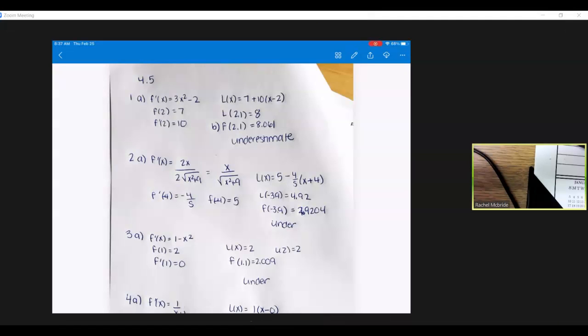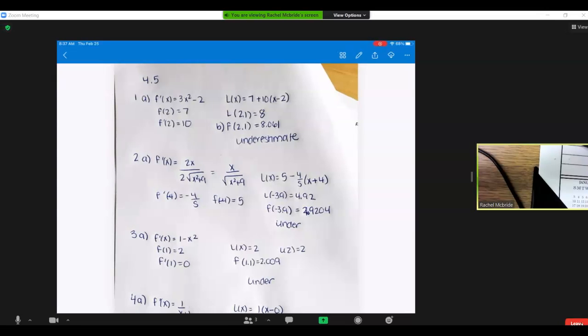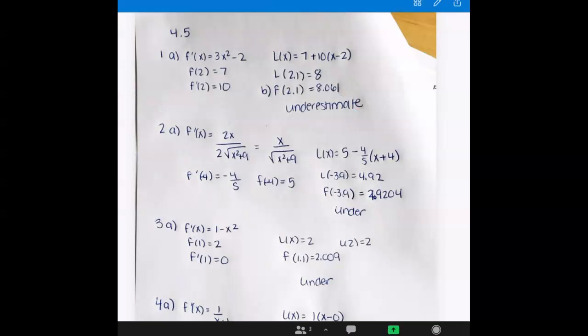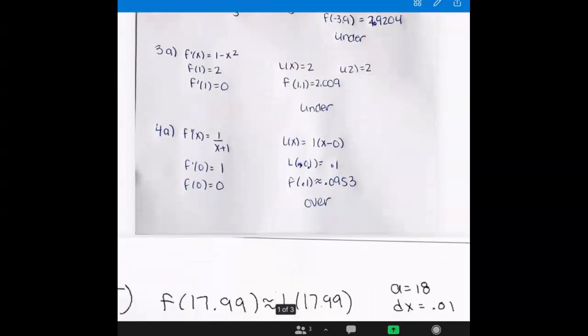Work through 4.5, here are questions 1 through 3. Okay. Here's 4.